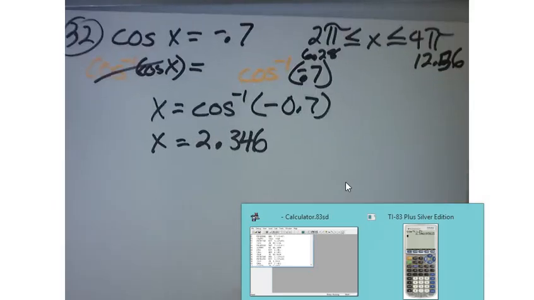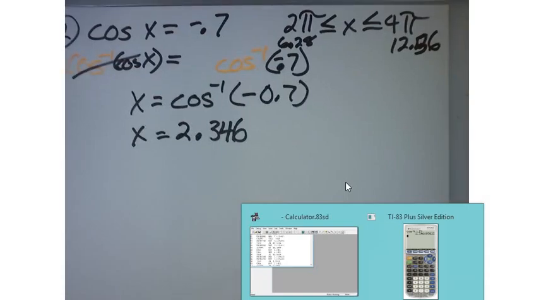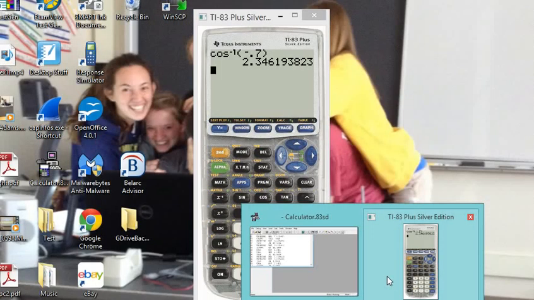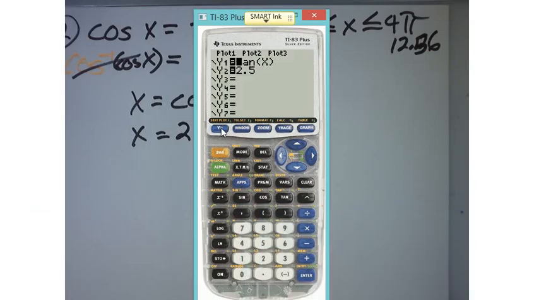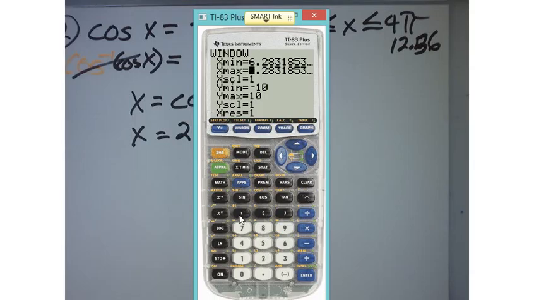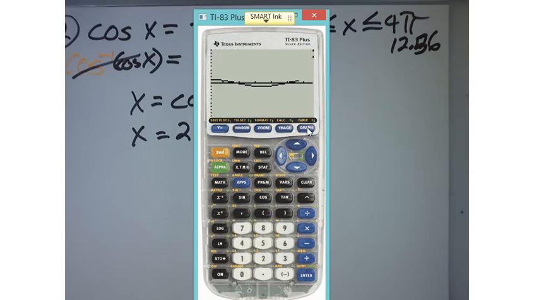So let's look at the graph. What we're going to have to do is change this to cosine of x, and then change this to negative 0.7, and when I graph that, there's a whole bunch of them, so I'm going to change my window from 2 pi to 4 times pi, and now I'm going to look at the graph.